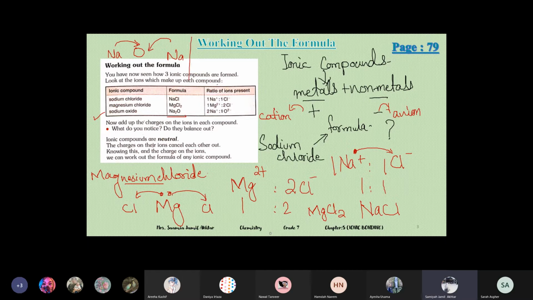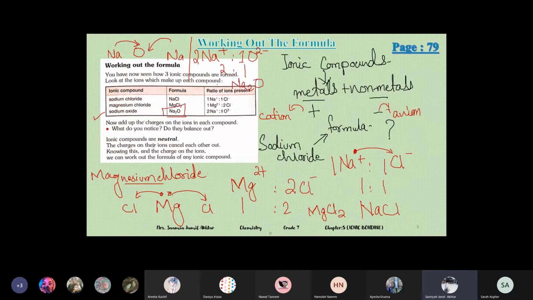So what will be the ratio here? How many sodium ions are here? 2 sodium ions. And oxide? 1. Yes, one oxygen is taking 2 electrons. So the oxide ion is 2 minus, but there is only one oxide ion. So the ratio is 2:1, and the formula is Na2O.